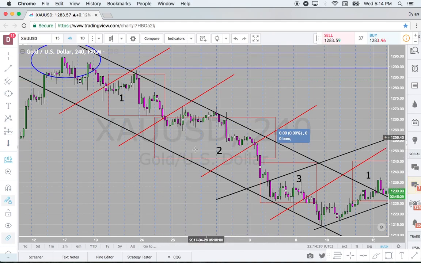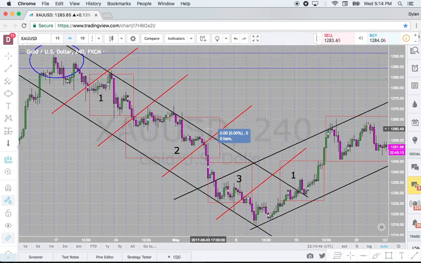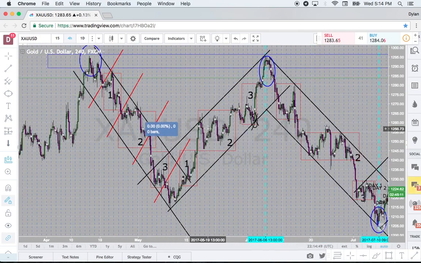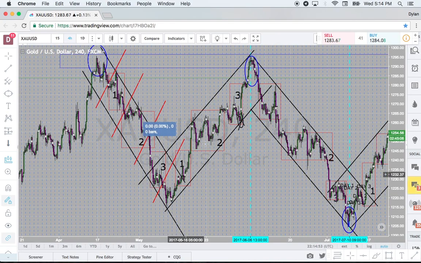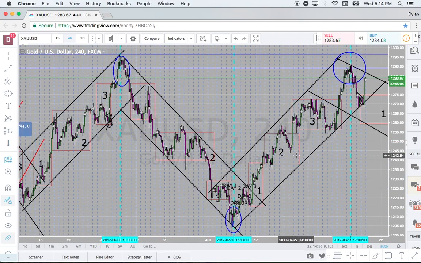Now this second level will be the slowest of all levels. It will be the level in which consolidation happens the most. There will be the most consolidation in this level. We can see that very clearly throughout each trend.